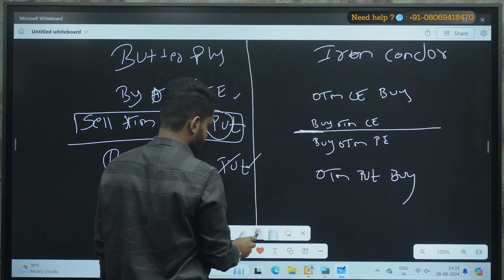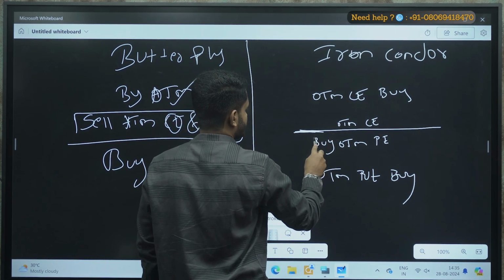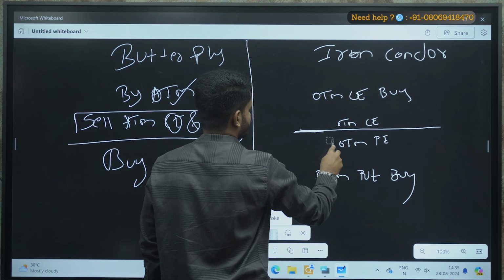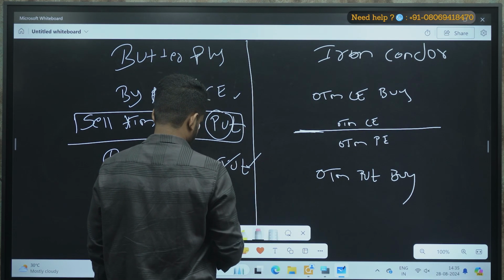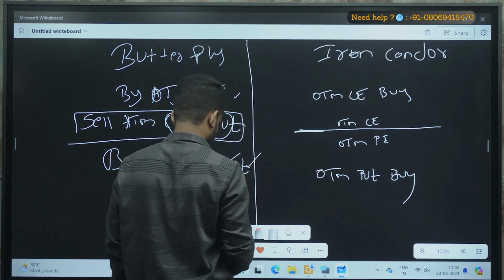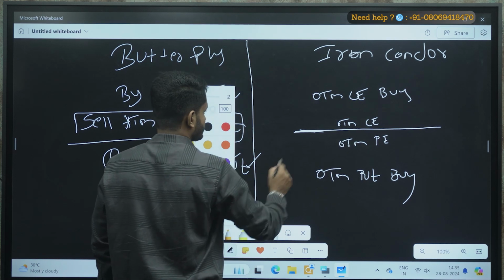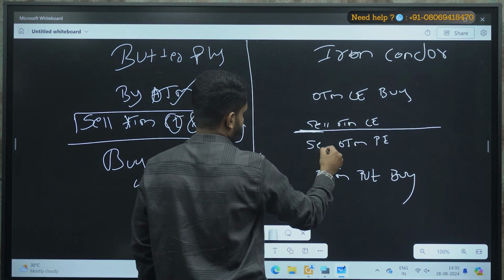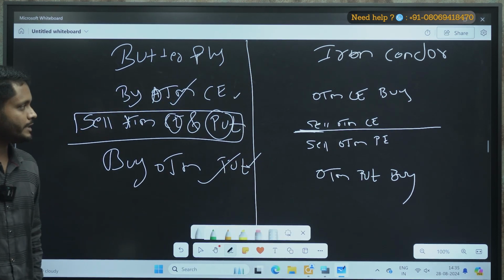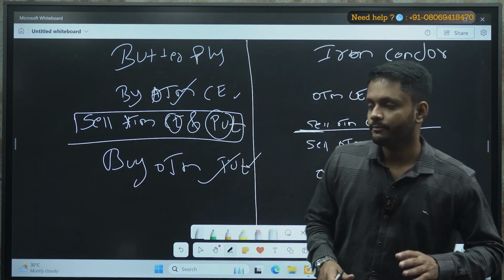Give me a second. Okay. So sell OTM call and sell OTM put. Sorry, it is not buy OTM call and buy OTM put.